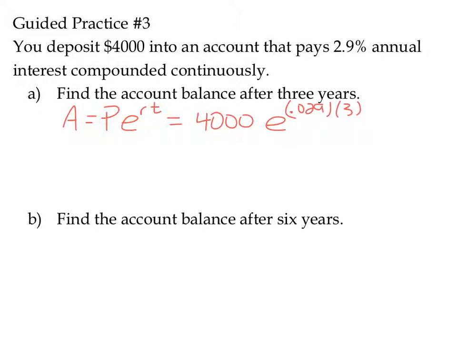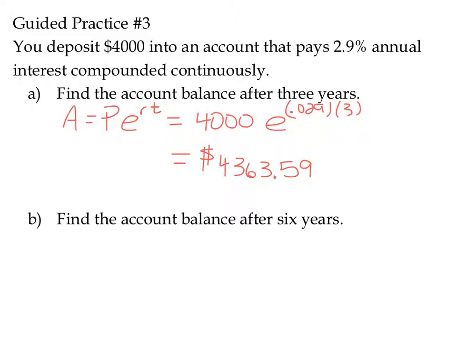And you can just put 0.029 times 3 as your exponent, okay? And then when you hit enter, you should get a value here of $4,363, and we round off 59 cents, right? Money, we go to 2 decimal places, unless it says to give to the nearest dollar or some other amount.